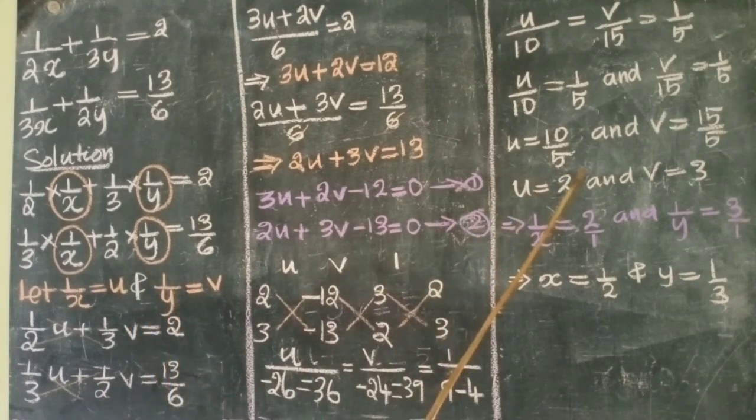So u equal to 2 means 1 by x equal to 2. 2 here I wrote as 2 by 1 for easiness. v is 1 by y. v equal to 3 means 1 by y equal to 3. 1 by x equal to 2 by 1, so x equal to 1 by 2, taking the reciprocal. 1 by y equal to 3 by 1, so y equal to 1 by 3. So we got the solutions: x equal to 1 by 2 and y equal to 1 by 3.